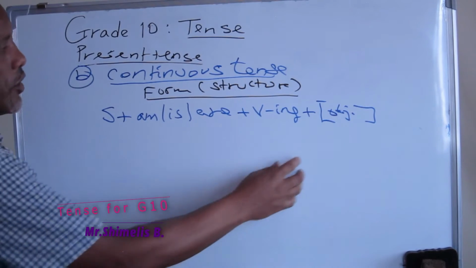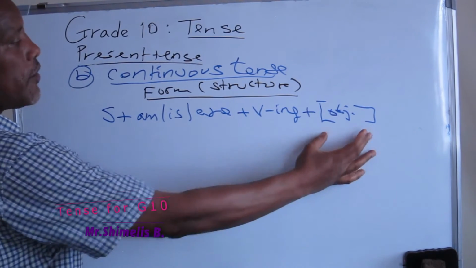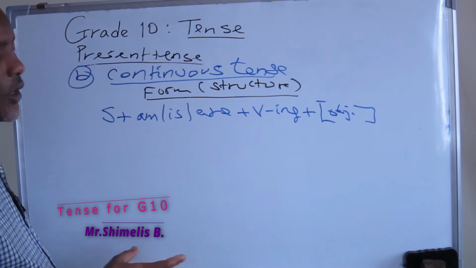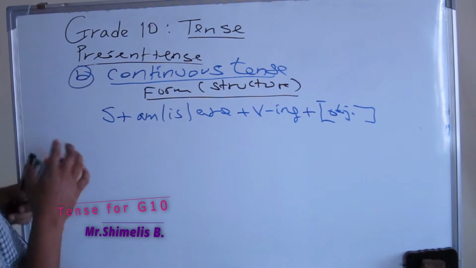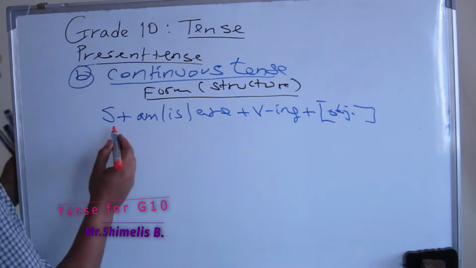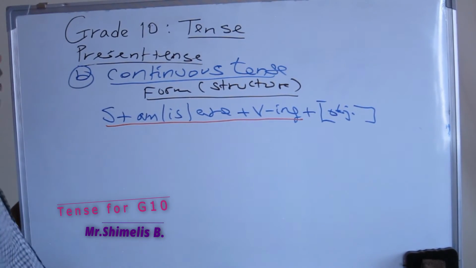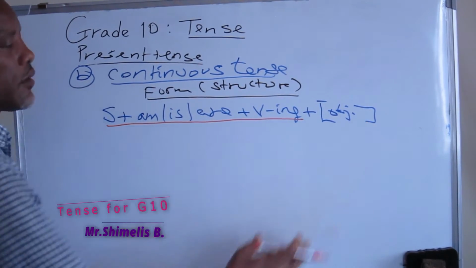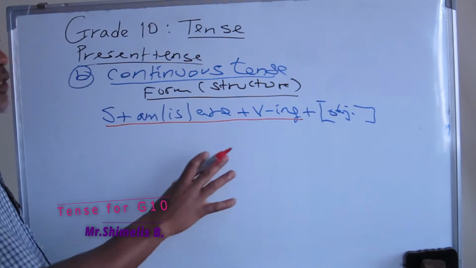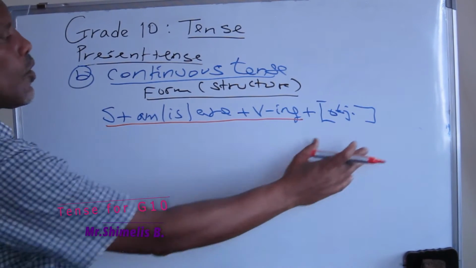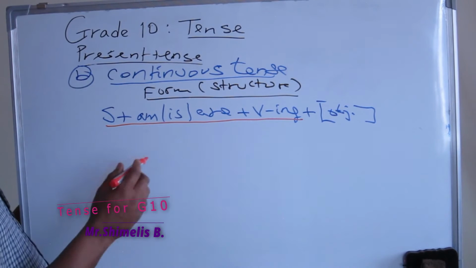In grammar structure, everything placed in square brackets is optional structure. It's not obligatory. The obligatory ones are up to this point. The one placed in the square bracket is optional structure.